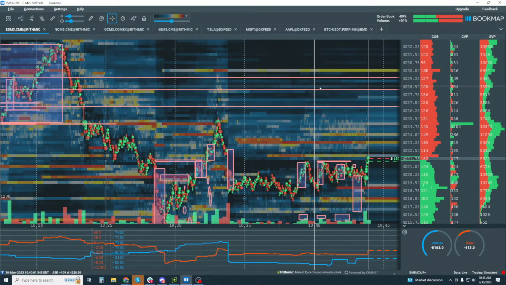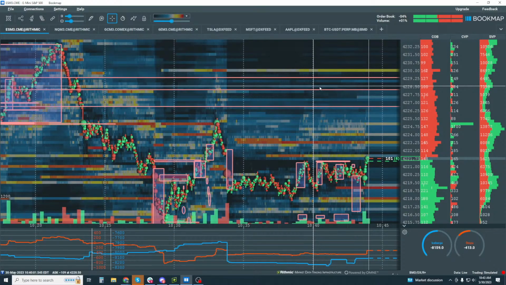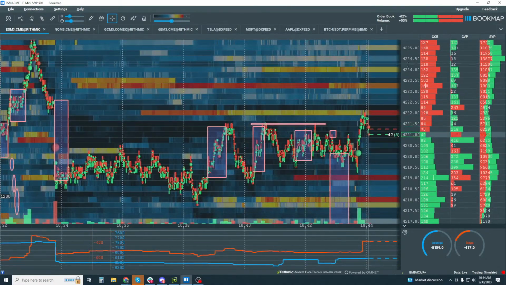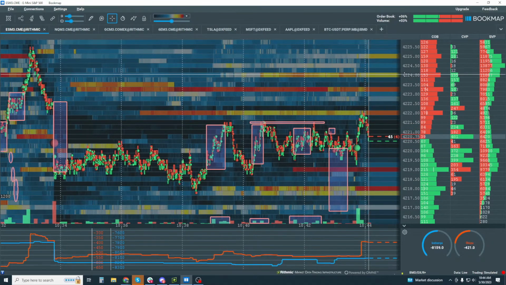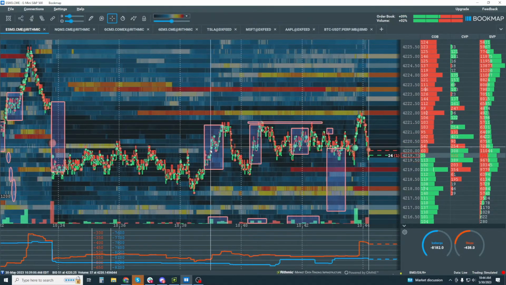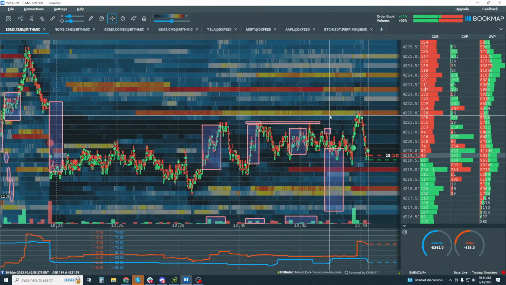Yeah, you use divergence. Okay, I'm not a big fan. I've been burned by it too many times. I just like to look at the relationship of volume, price action, and liquidity.